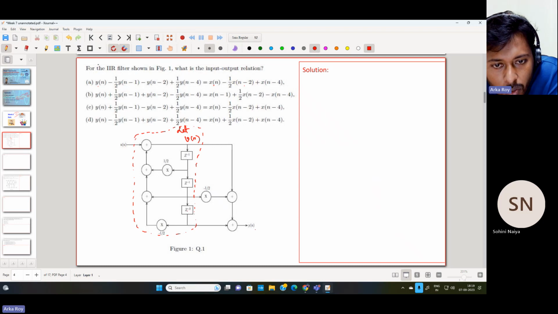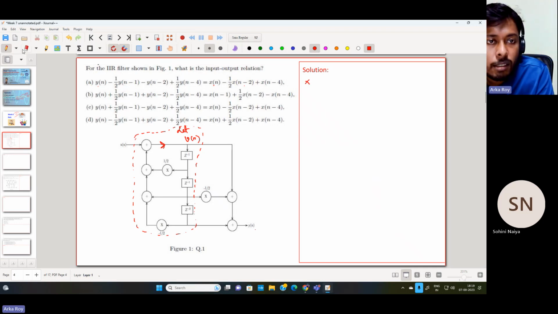There are three paths, and the inputs from these three paths go to an adder. This adder accumulates x[n] and the delayed versions of v[n], and the signal going out is v[n] itself. Therefore, I can write the equation from this side. Let me just change the color.